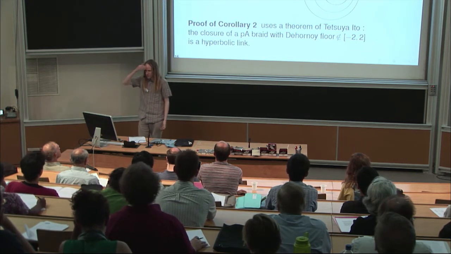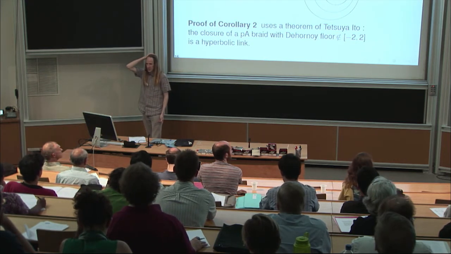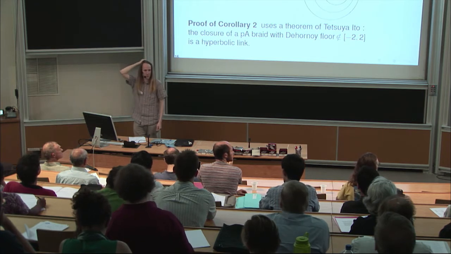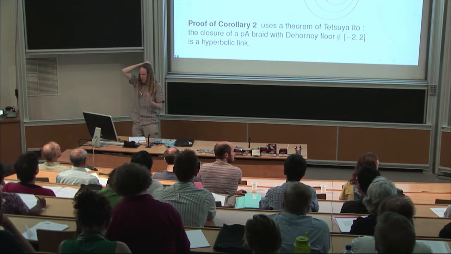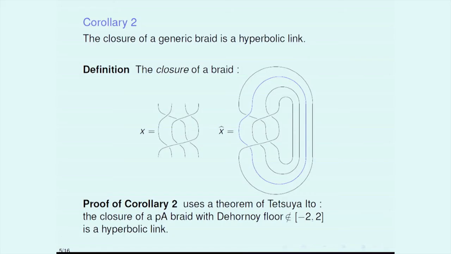The proof of the corollary uses a result of Tetsuya Ito, which says that if you take a Pseudo-Anosov braid, then its closure is automatically hyperbolic, provided the Dehornoy floor of the braid is not in the interval [-2, 2]. What that means is that in the Dehornoy braid ordering, the braid does not lie between delta^-4 and delta^4.